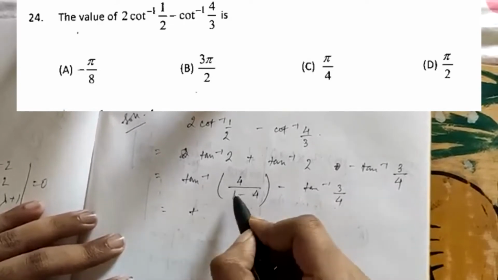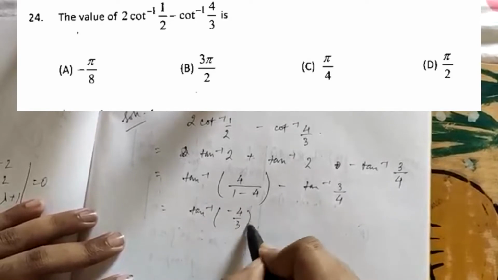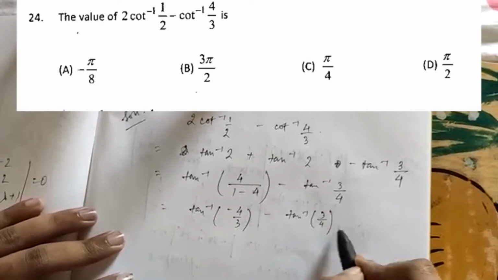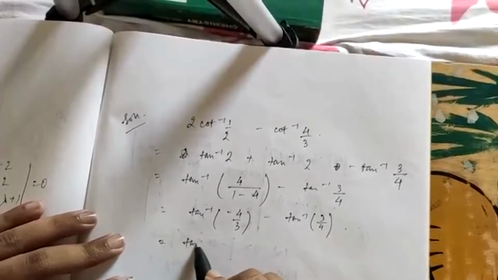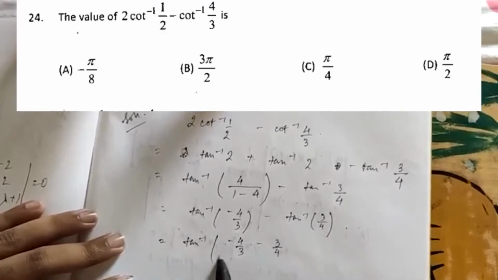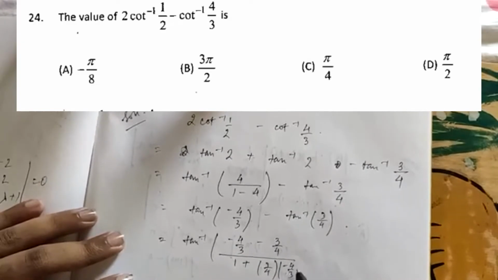So it will come as tan inverse minus 4 by 3 minus tan inverse 3 by 4. Okay, so finally it will come as tan inverse minus 4 by 3 minus 3 by 4 by 1 plus 3 by 4 into minus 4 by 3.